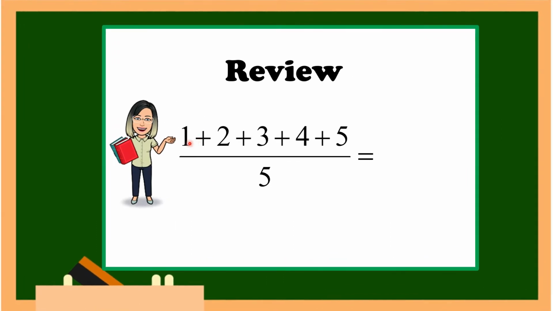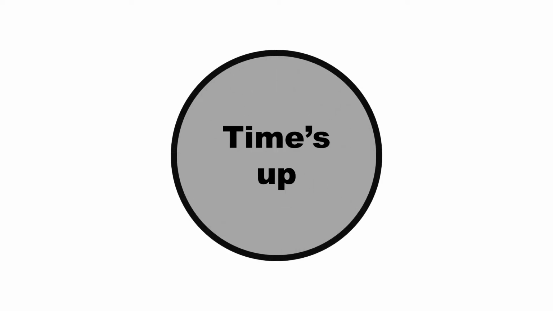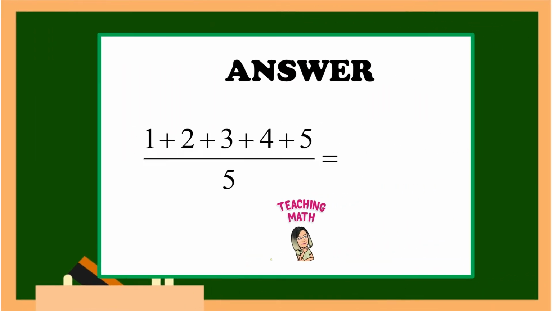What is 1 plus 2 plus 3 plus 4 plus 5 divided by 5? The answer is 3.